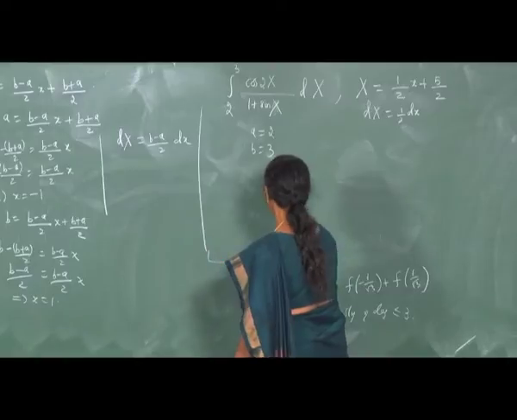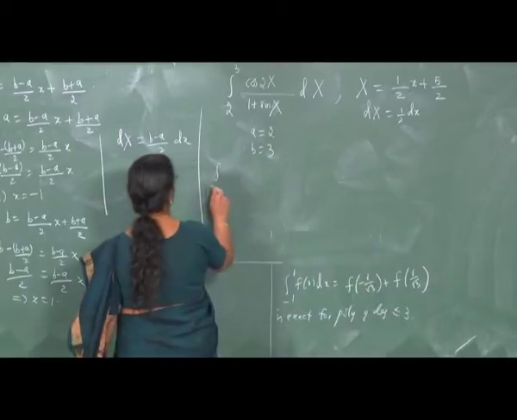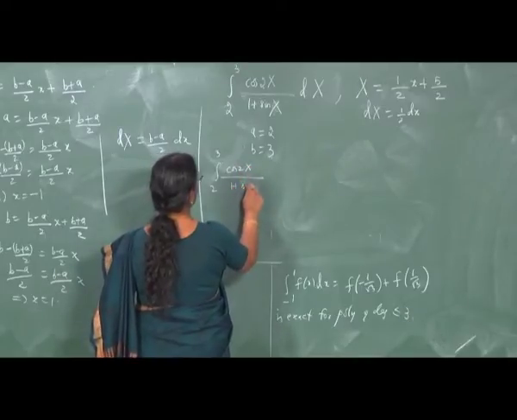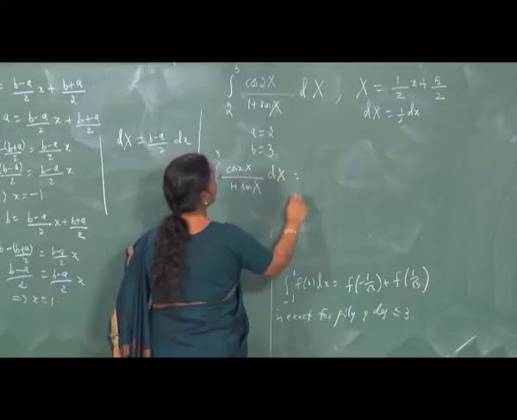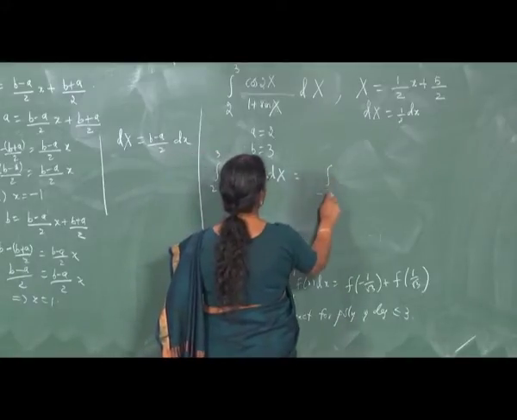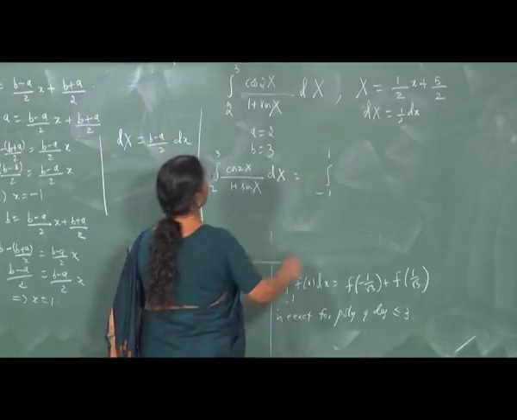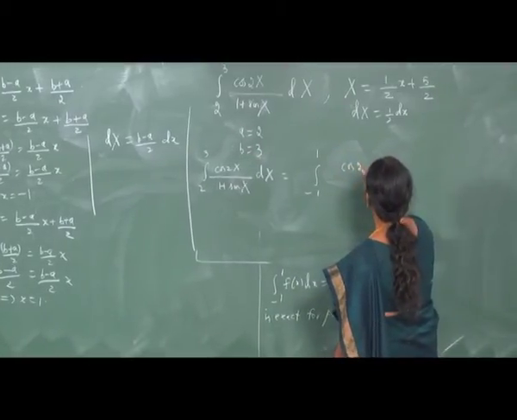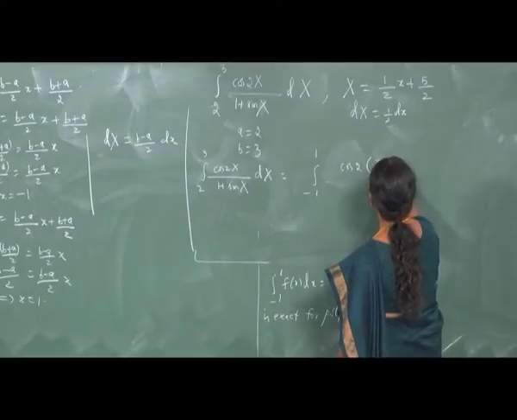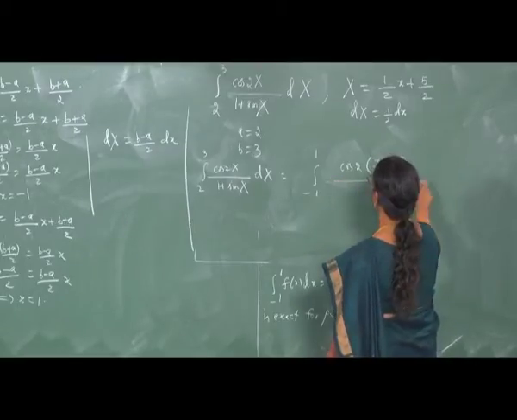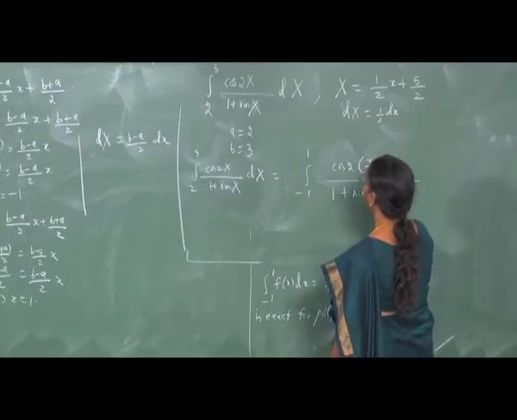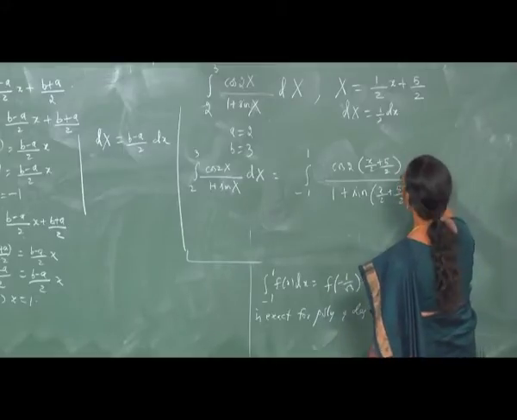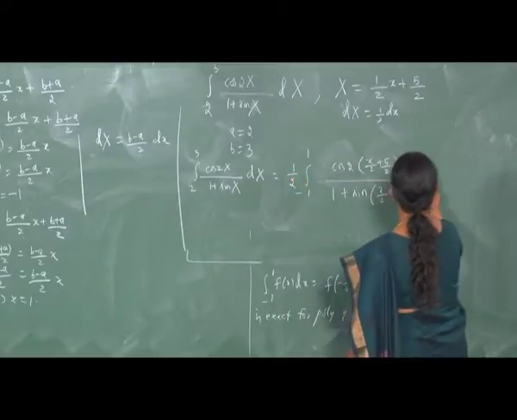By that formula, the integral 2 to 3 of cos 2x by 1 plus sin x dx will be the integral from minus 1 to 1 of f, cos 2 of what is x, x by 2 plus 5 by 2, divided by 1 plus sin of x by 2 plus 5 by 2, into d capital X, that is half of dx.